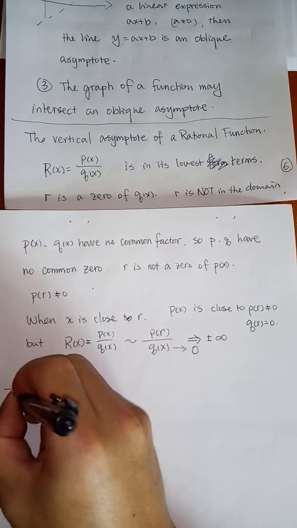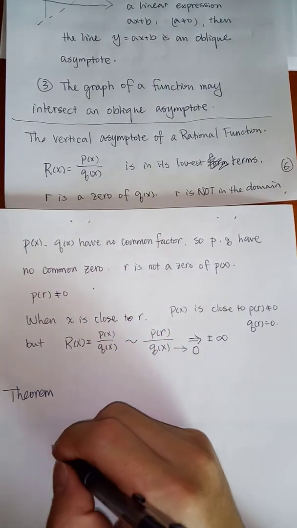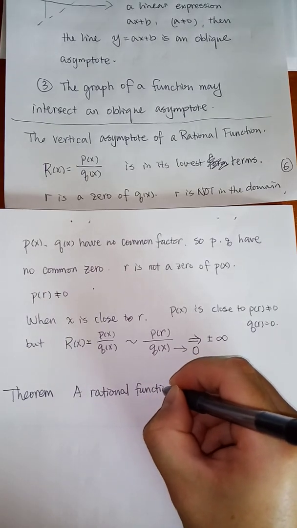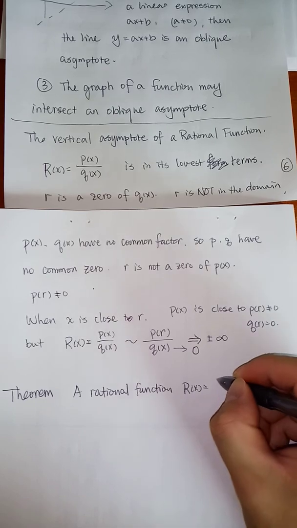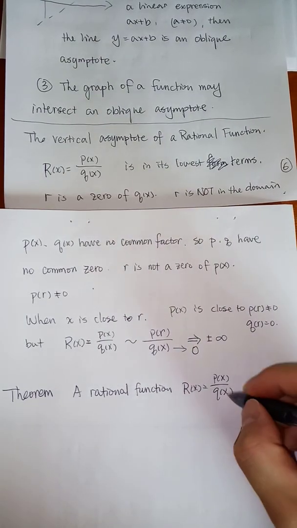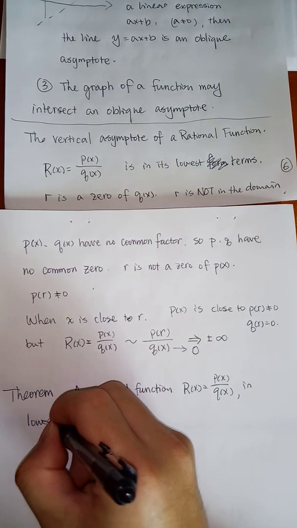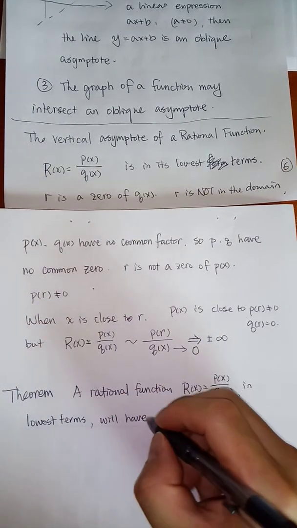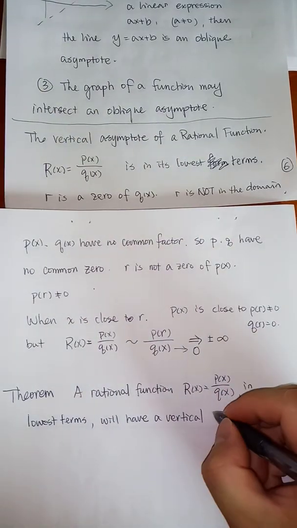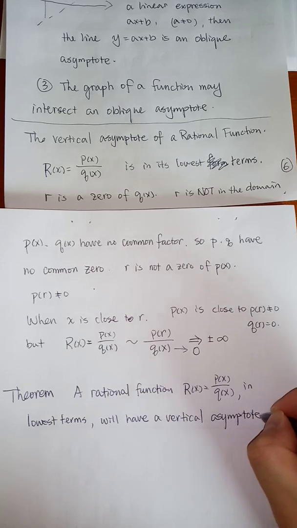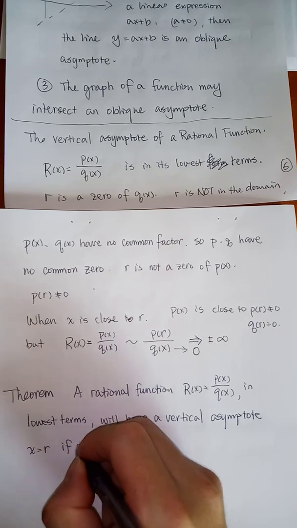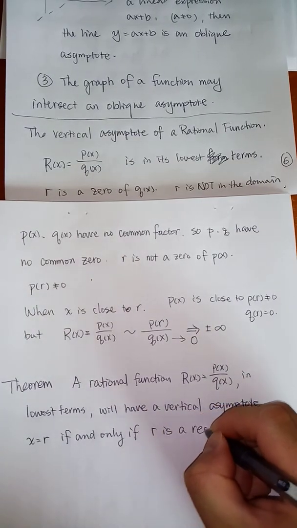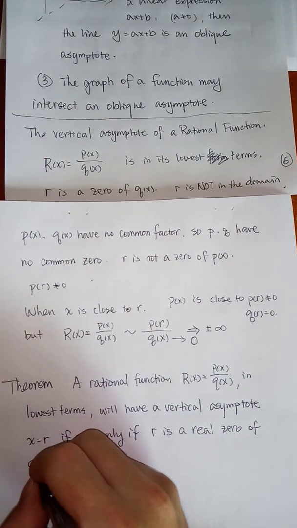So that gives us the theorem. A rational function r of x is equal to px over qx in lowest terms will have a vertical asymptote x equal to r if and only if r is a real 0 of q of x, of the denominator.